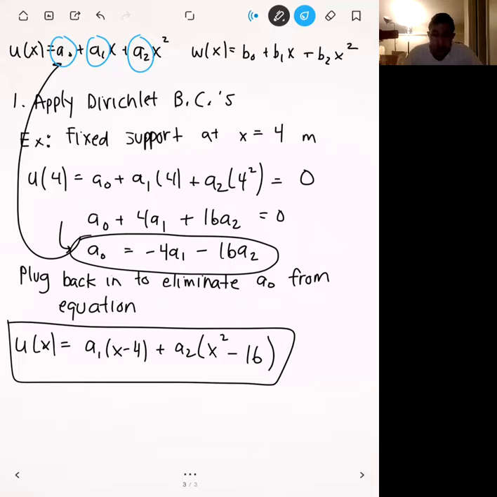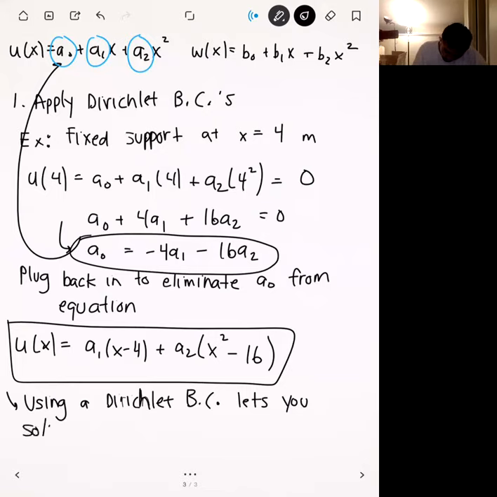The general rule of thumb is that every time you plug in for a Dirichlet boundary condition, you should be able to solve for one of the constants. And then to solve for all the other constants, you have to plug that into the weak form.